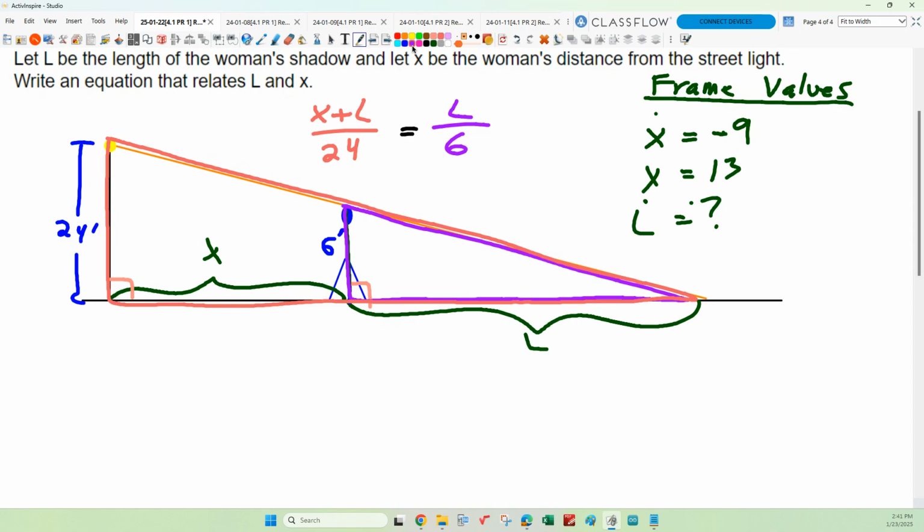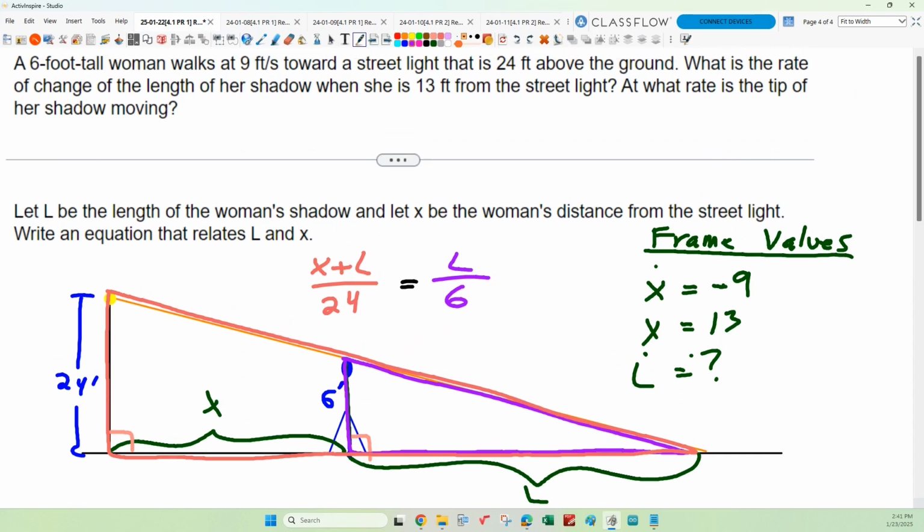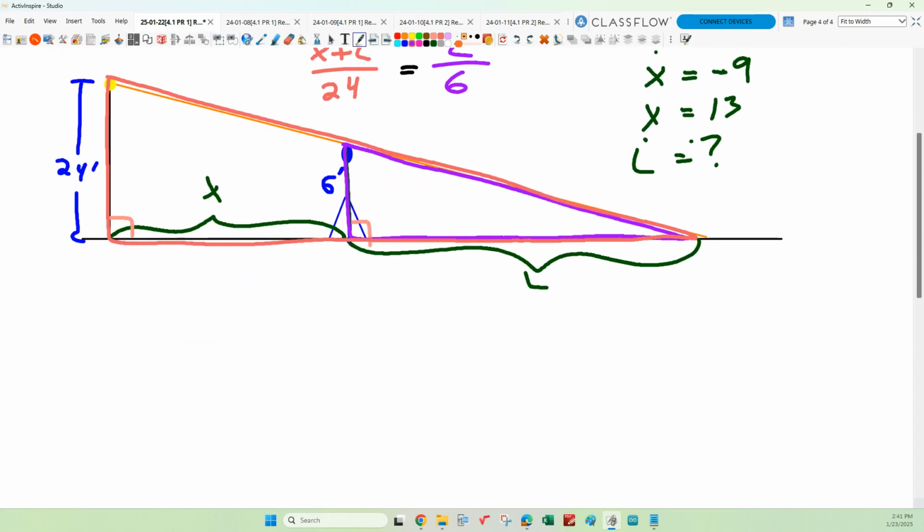We ought to be able to do a little calculus with this and come up with a related rates equation pretty easily, right? Now, in the second part of this, they want to know what rate the tip of her shadow is moving. So what would we be measuring the tip of the shadow relative to?